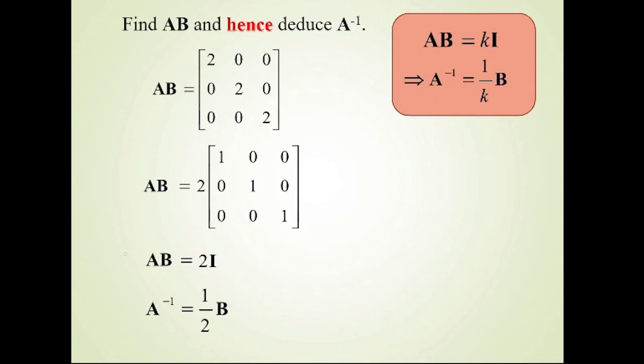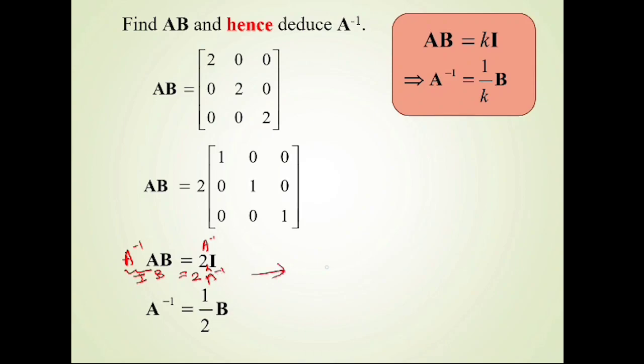You can also find it by using this method, putting A inverse on the left hand side, and also on the left hand side here. Then A inverse multiplied with A is equal to I, identity matrix, and this is just A inverse multiplied with I, which is A inverse.